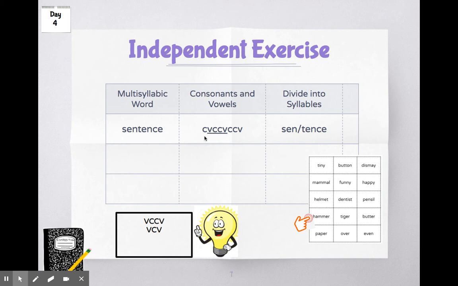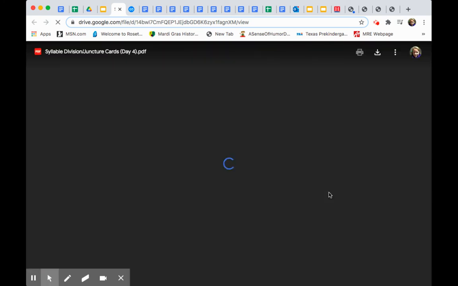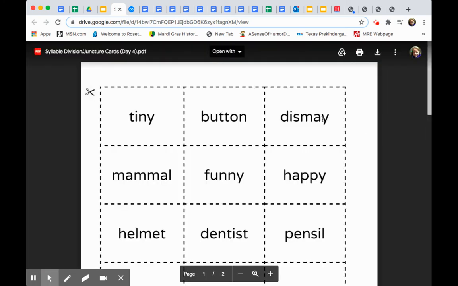You have sentence, they told you where your VCCV is, and then divided it into syllables. It'll be these words right here. So you can just pause the video and do that activity.